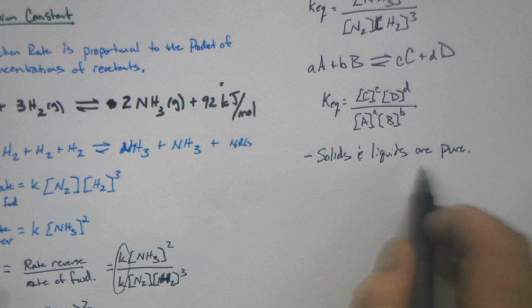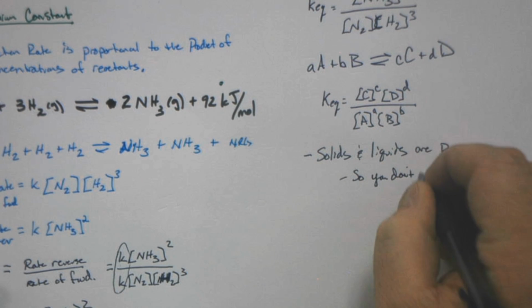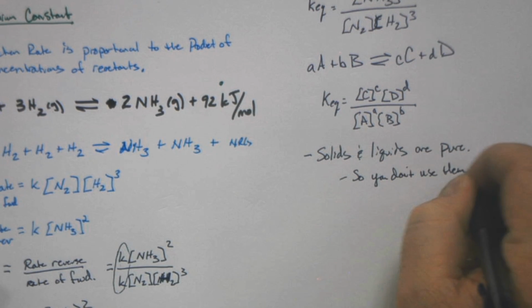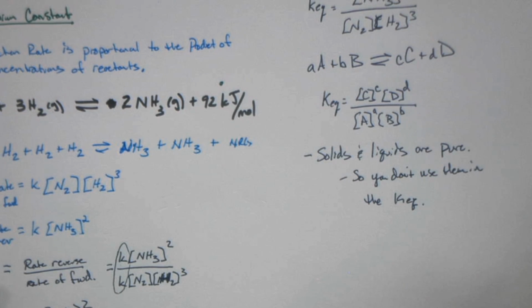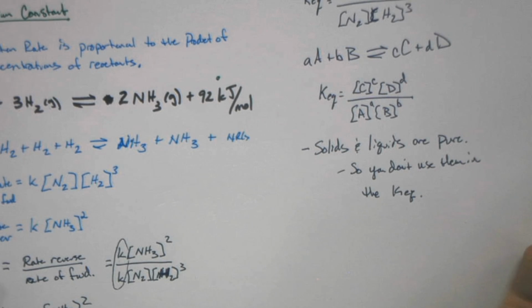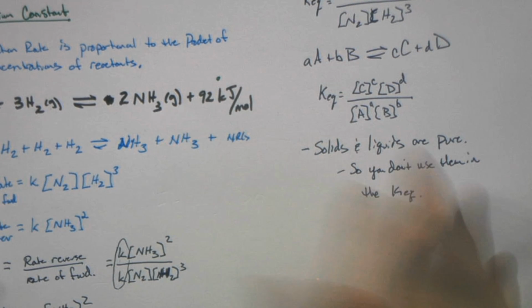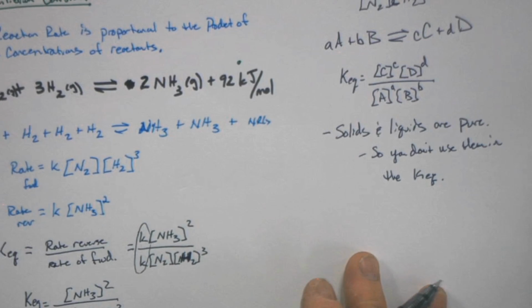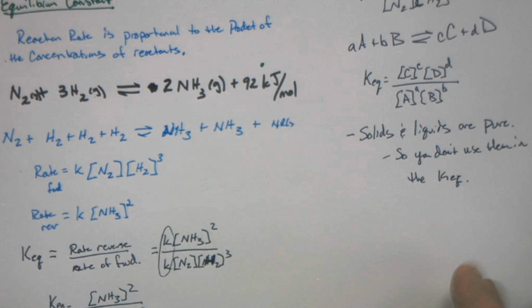So you don't use them in the KEQ. This is really the exception you guys need to look out for. All right, that's it for KEQ. And that is pretty much it for equilibrium and reaction rate and this unit.